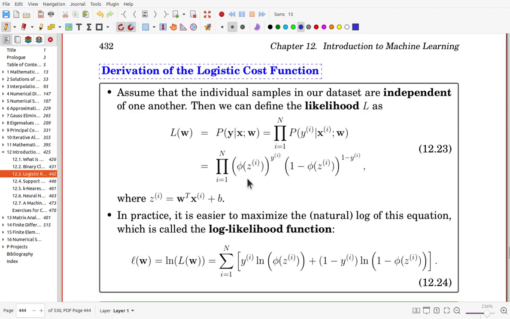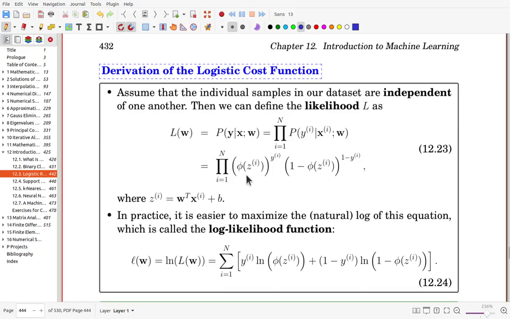For each one, we can consider some probability, and the product becomes the likelihood, and we try to maximize this likelihood.